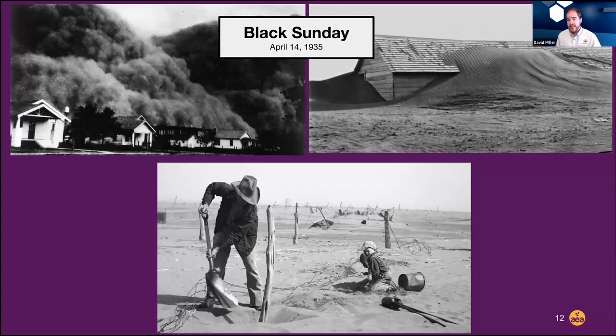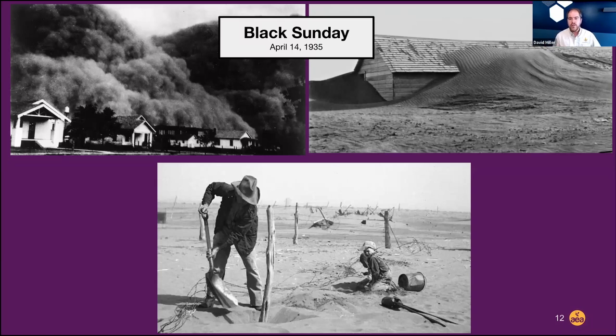And now we're at 1935, April 14th, 1935, known as Black Sunday, where there was such a massive dust storm that there was a complete blackout, and people all the way to the East Coast noticed that it was dark, and there was dust all the way to the East Coast.